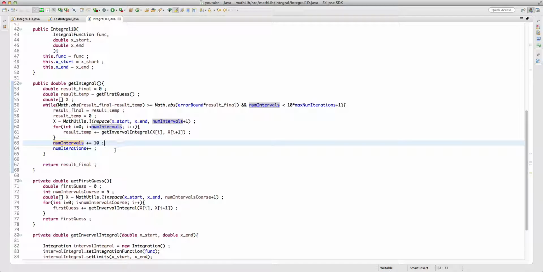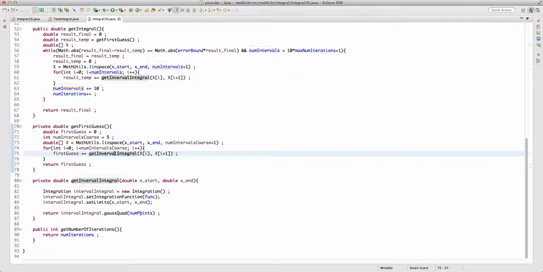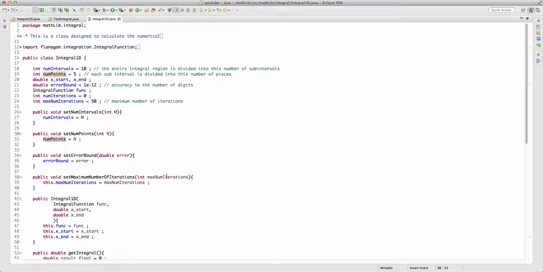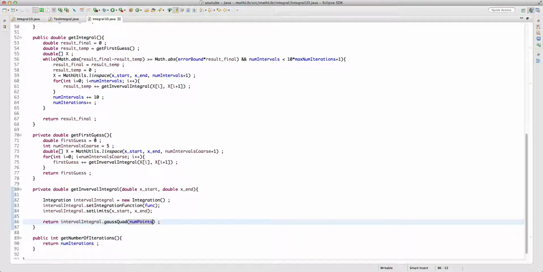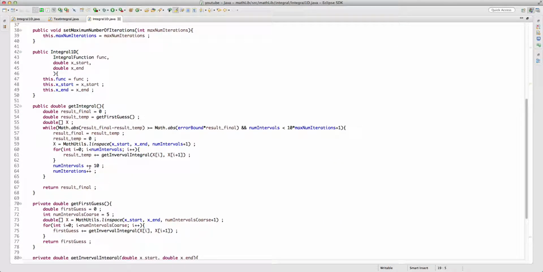Okay? And then in each sub interval, I do the Gauss quad with the number of points, which is initially set to 5, right? So I'm doing 5-point Gauss quad with an adaptive way of increasing the number of intervals.